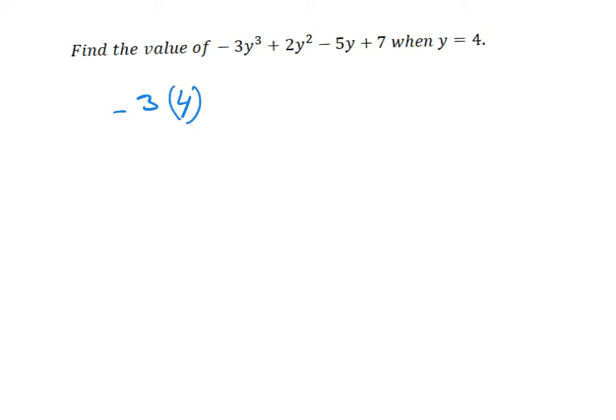-3 times 4 to the third power, plus 2 times 4 squared, and minus 5 times 4 plus 7, right? Now, keep in mind, we don't have to use parentheses, especially when the value of the variable is positive.